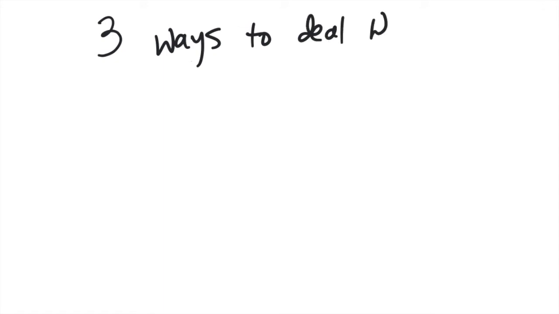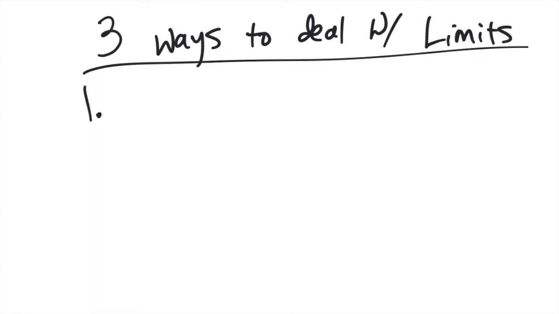So I tell you what, instead of trying to give you 15 different rules and say you need to know exactly what rule to use when and all this kind of stuff, I want to help you out. I want to break this down into 3 ways to deal with limits. Now, these are in order. You should use method number 1 first.